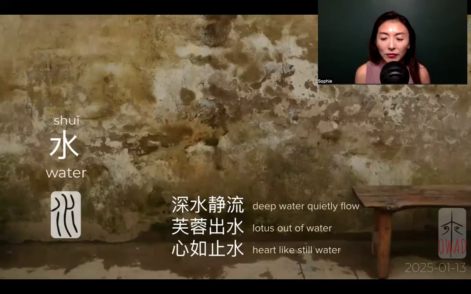Lotus, if you observe the ancient East Asian culture, they value lotus a lot. Not only did it become associated with Buddhism, but because of its beauty and its virtue signaling almost, because lotus grows out of muddy water.